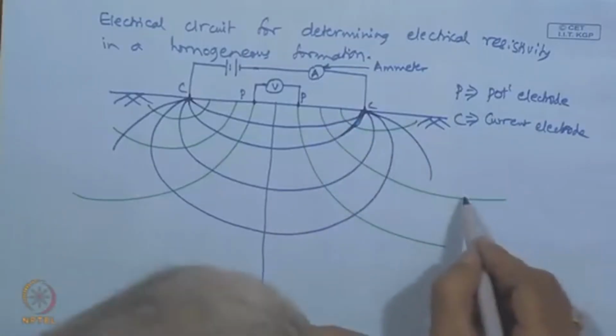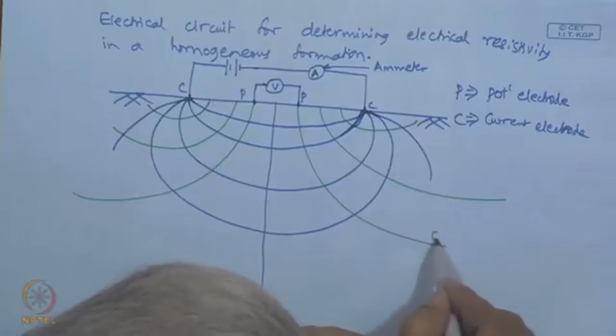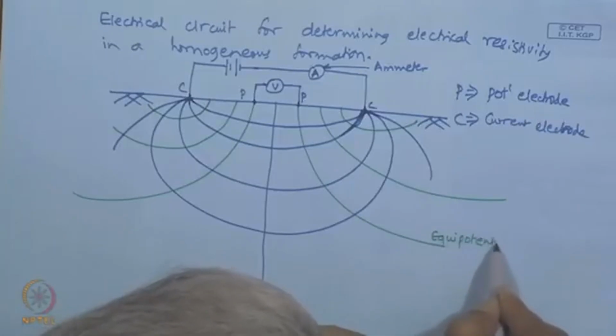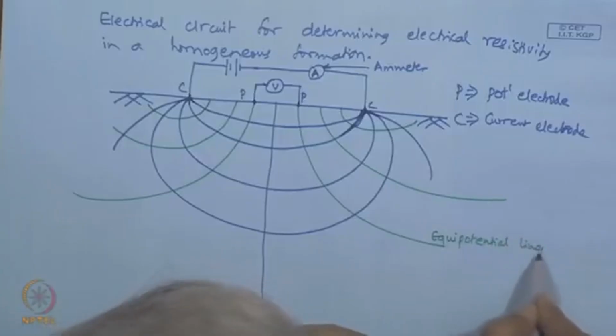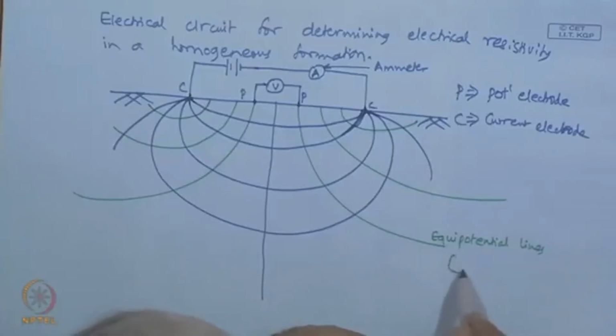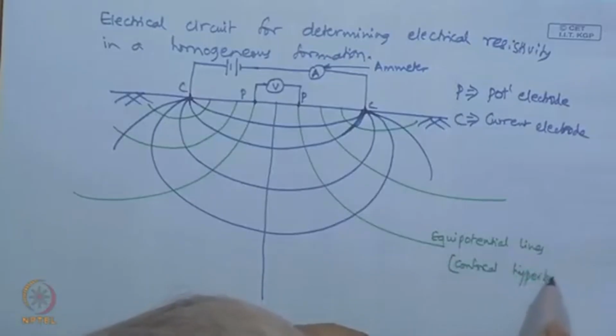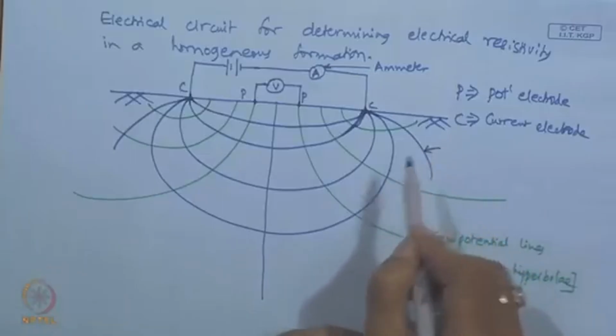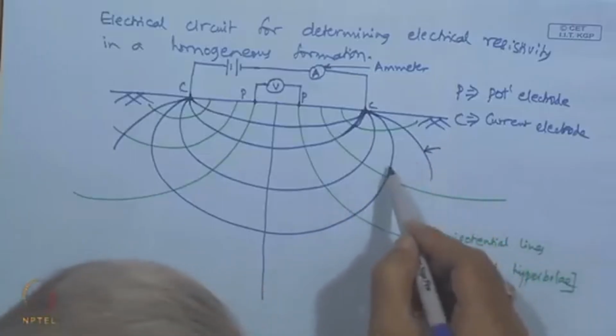Like this. So, these are the equipotential lines, in the form of confocal hyperbolas. And then these are the current lines.